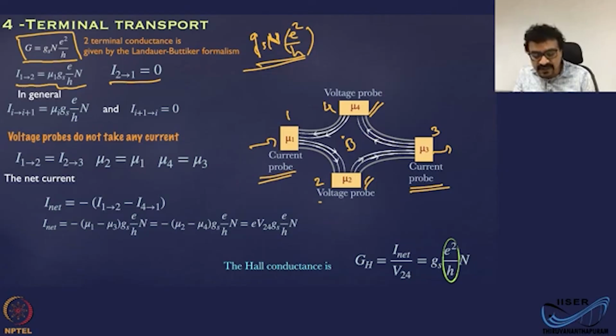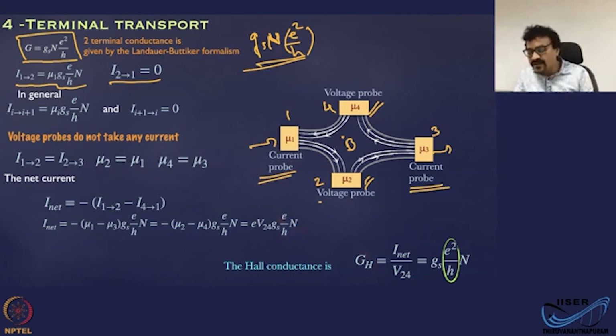So mu1 minus mu3 is the same as mu2 minus mu4 because of this condition. Then you will get e V24 into Gs e by h into N. That is your net current.